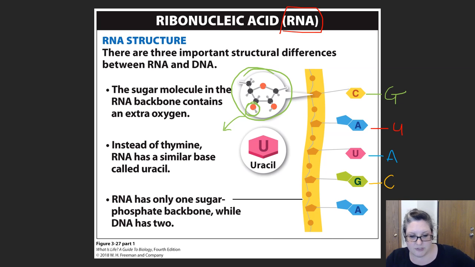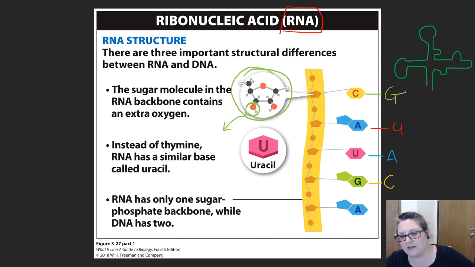So uracil is different, and RNA is also single-stranded. It's not a double helix. It is a single strand of nucleic acid. So it can be folded up on itself, and it actually can have some really cool, funky little shapes like this. We studied some when I was in my molecular biology classes.